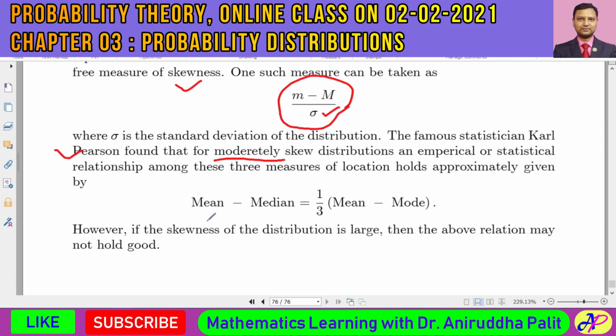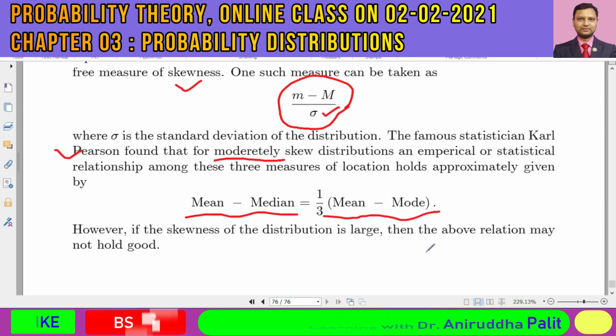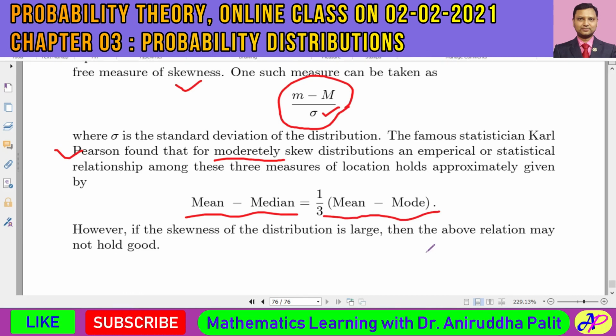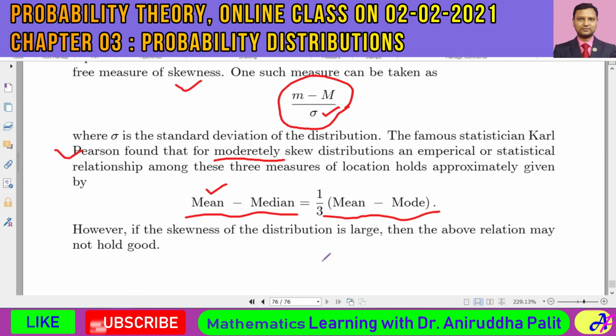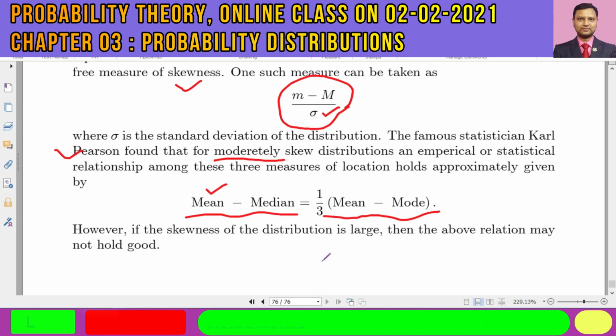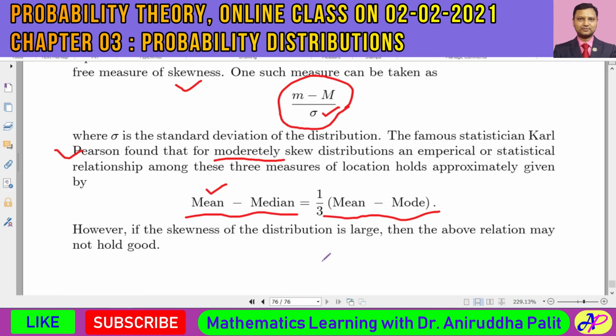The relation is that mean minus median is equal to 1/3 of mean minus mode, provided the mean exists. The mean does not always exist. Therefore, if the mean exists and if the skewness is not very high or very small, we get this kind of approximate relationship. We need to keep in mind that this is an approximate relationship observed by Karl Pearson through different statistical observations.